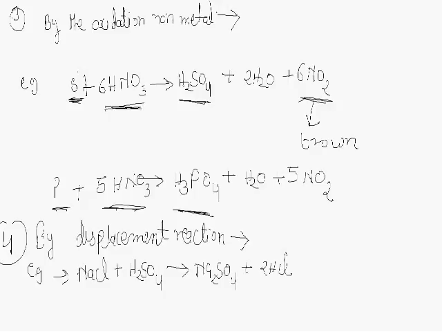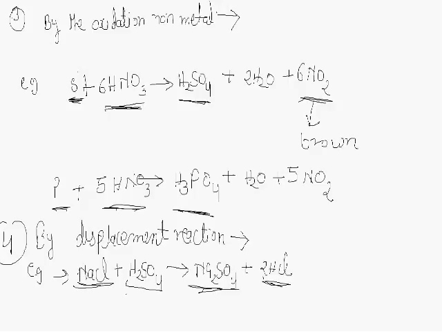In this reaction, on the left hand side, NaCl is a salt. Similarly, on the right hand side, Na2SO4 is also a salt. On the left hand side, H2SO4 is an acid, and on the right hand side, HCl is also an acid. So, by displacement reaction, we can obtain acids with the help of acids.